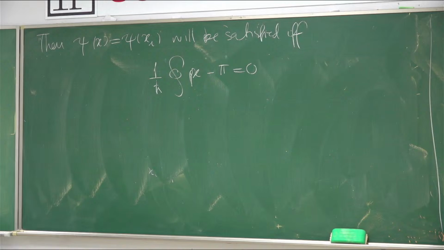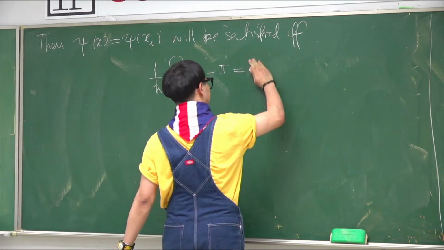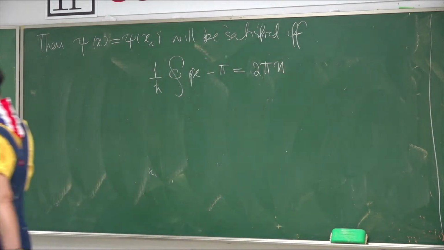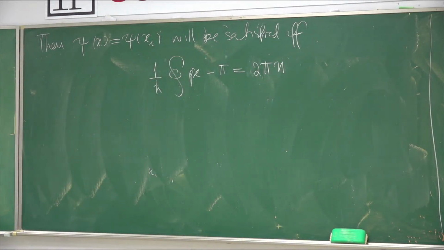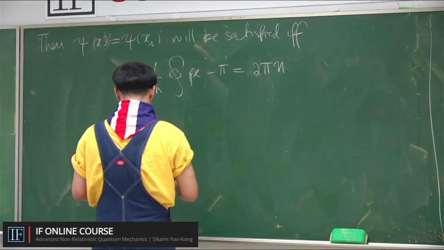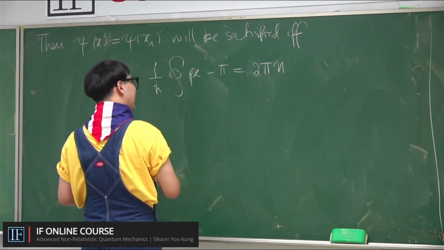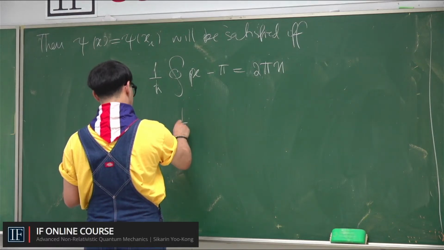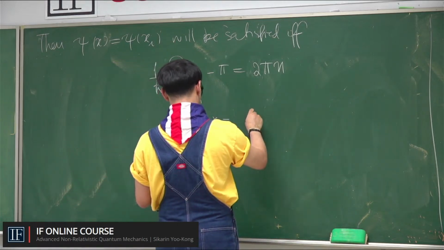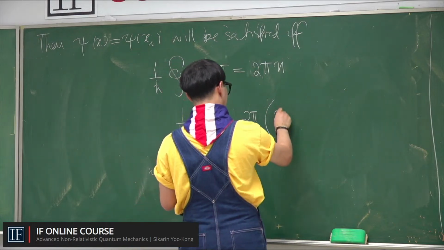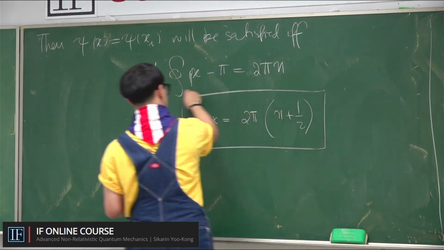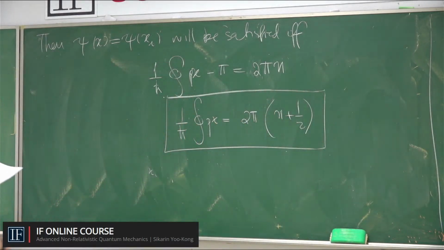Right. Not 0, actually, it could be any 2 pi n, right? Because this is the exponential function, the periodicity condition. Okay. Then you actually get 2 pi (n plus 1/2). This is the condition for a complete loop, right?